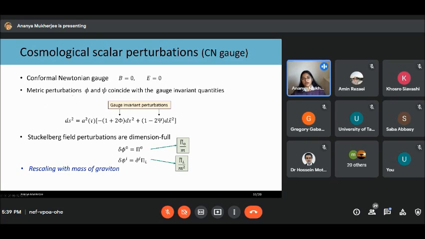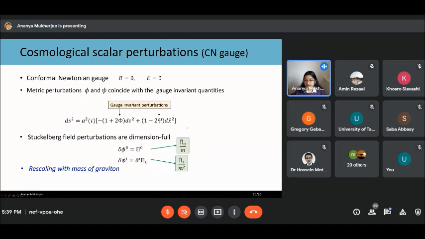For our growth of structure analysis, we have considered the conformal Newtonian gauge, where we have set B and E to be 0. The advantage of choosing this gauge is that the metric functions phi and psi coincide with the gauge invariant quantities.